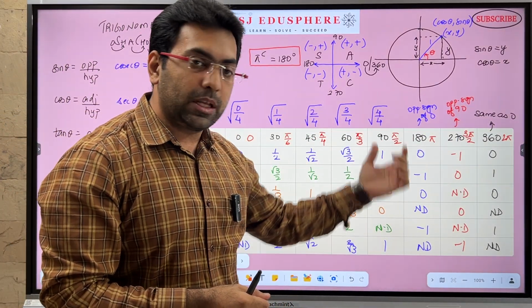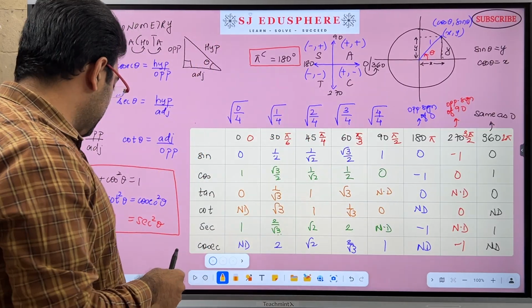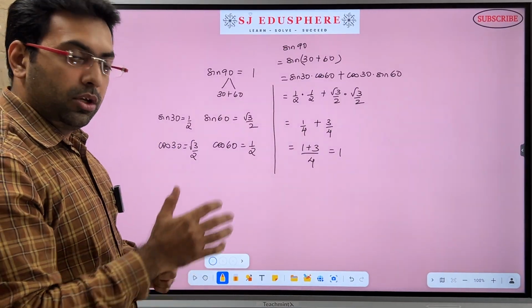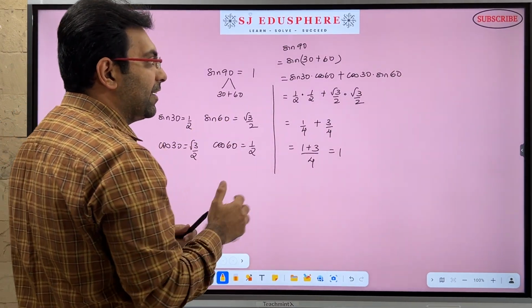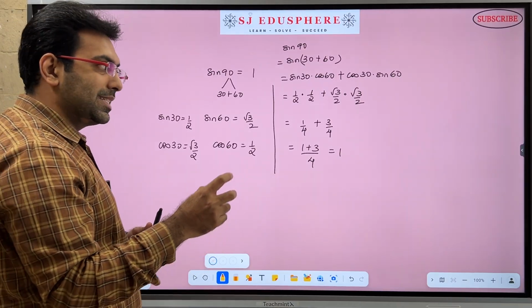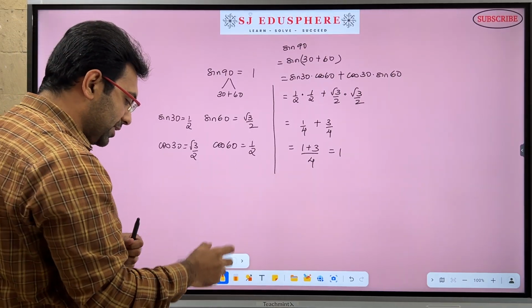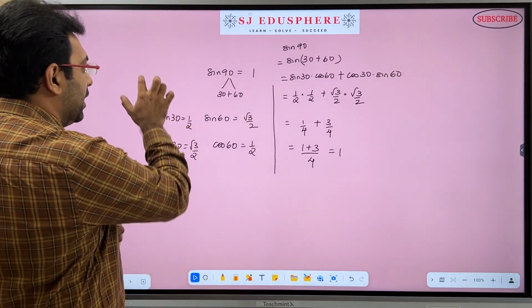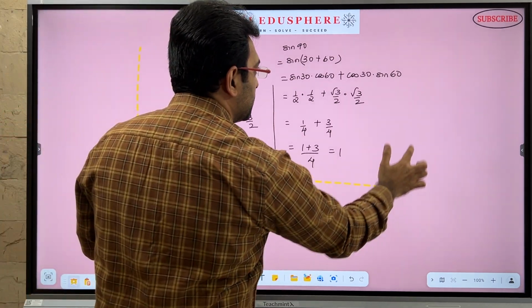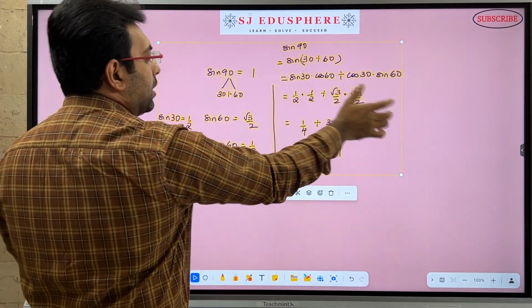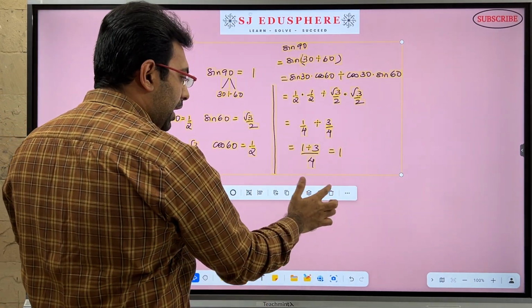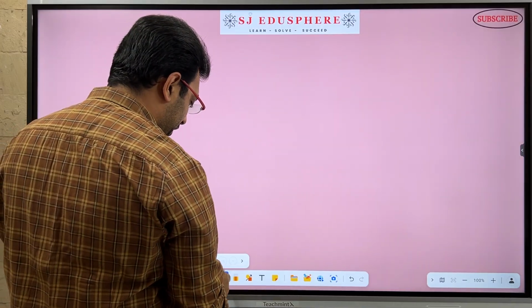What about the missing values? Well, that comes from this formula sheet. So we are going to derive sine A plus B and cos A plus B. So I remove this part and I go ahead with my formula derivation.